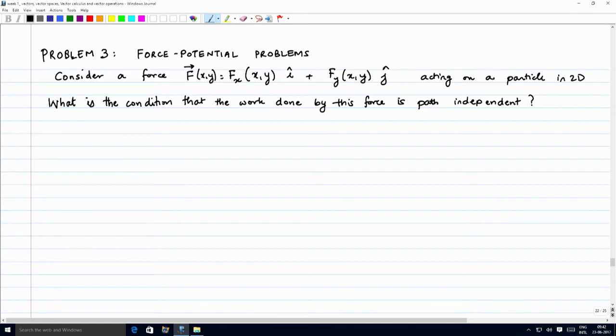Okay. And now you are asked to find what is the condition that the work done by this force is path independent. Now the solution is the following.